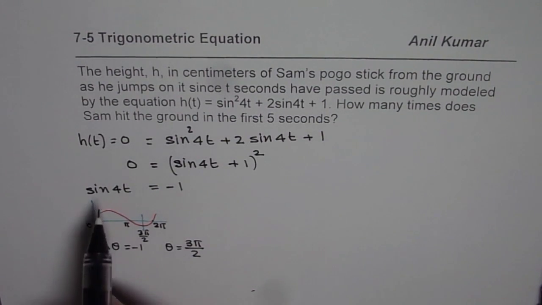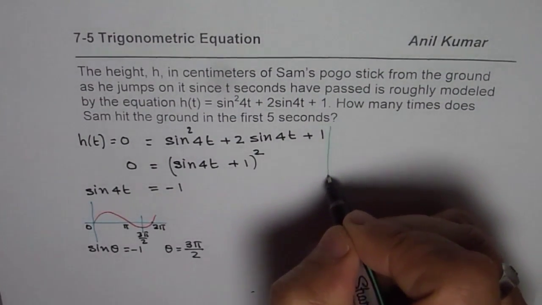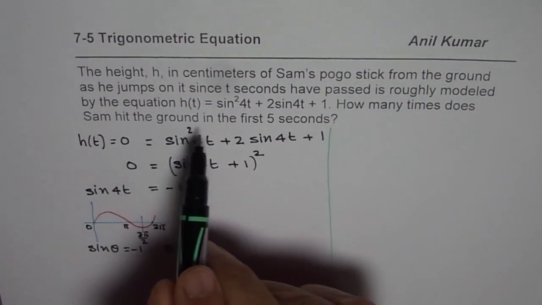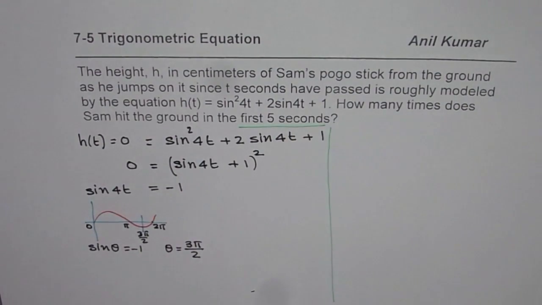Now in our equation we have 4t, right? It is a good idea to find the time period also, since part of the question is how many times does Sam hit the ground in the first 5 seconds. So we have to find the equivalent time in seconds and then figure out how many times it will hit the ground in 5 seconds.